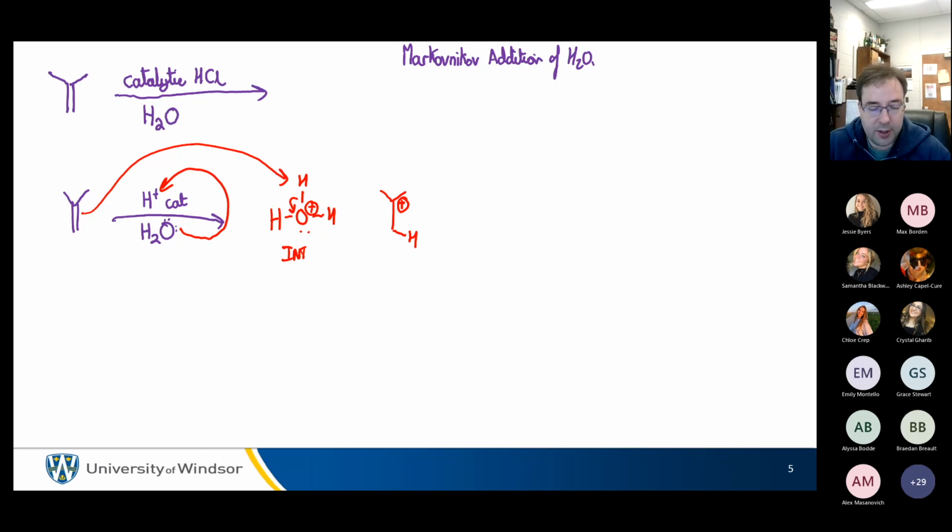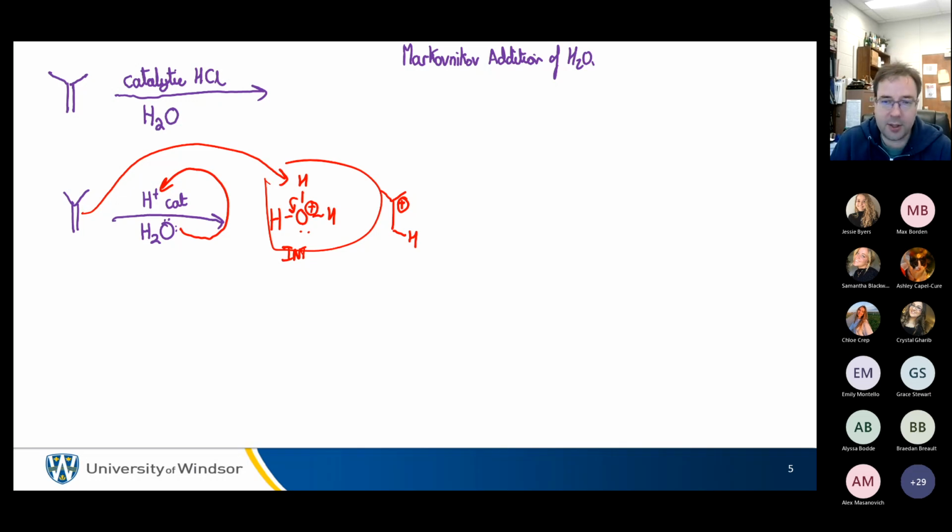How do I know that water is more basic? Well, that is a C plus with not everything having its full octet. That is an O plus with everything having its full octet. Which do I prefer? I prefer full octets.